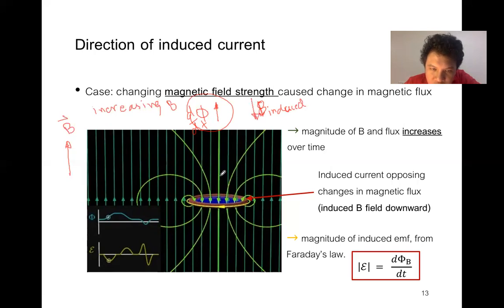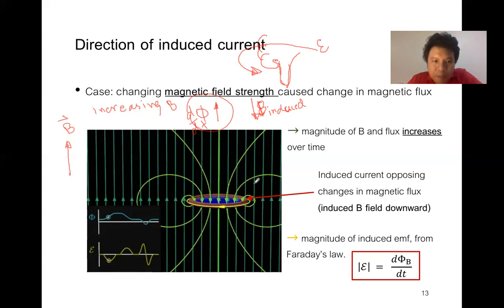So when B induced occurs in the down direction, according to the right hand rule, you have your thumb down, and you have the induced EMF in the clockwise direction. Yeah, this one is clockwise direction.